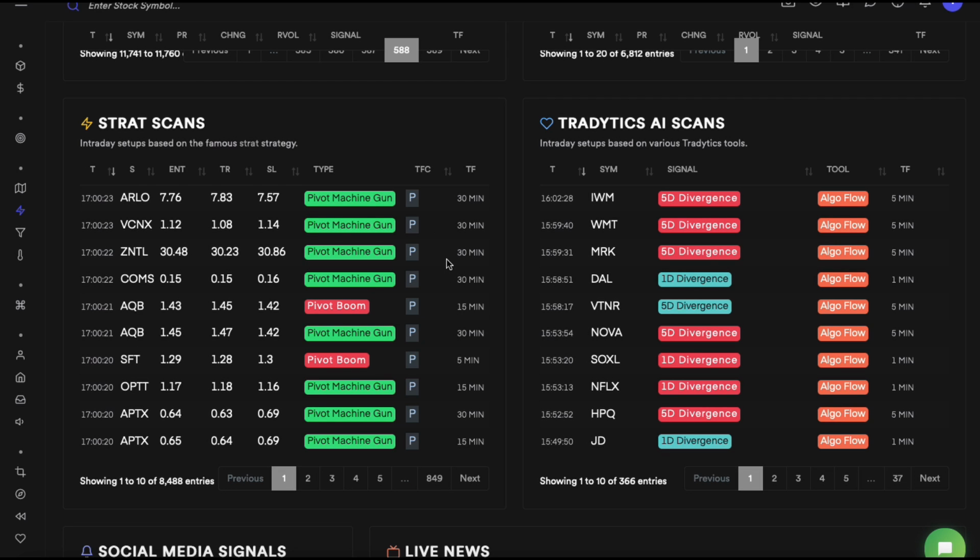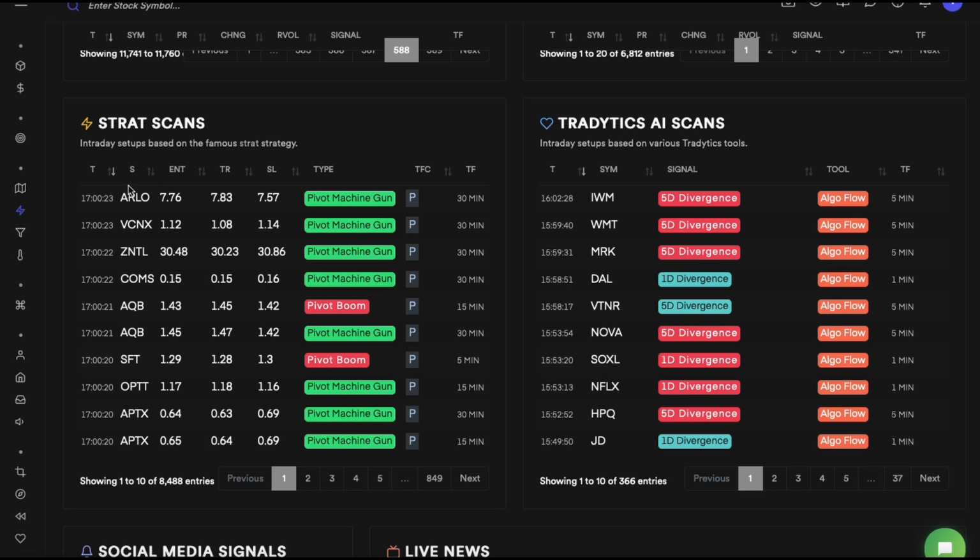TFC means time frame continuity, which just means whether all time frames are facing in the same direction, whether the daily move is green as well, the 1 minute move, the 5, whether they're all green. Then pivot boom, pivot machine guns. These are again terms that are coming from the strat community. So I'd highly recommend spending some time on YouTube, just learning about what these strategies and combos are.